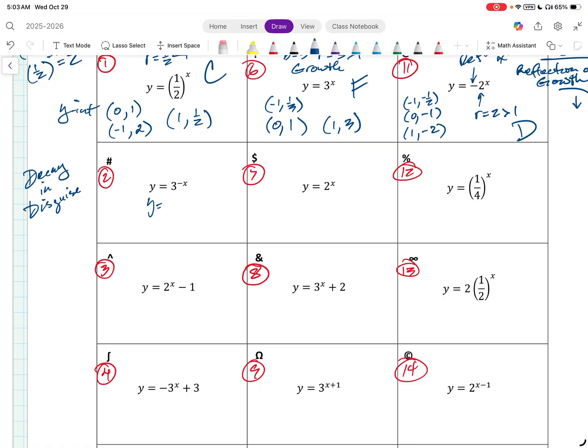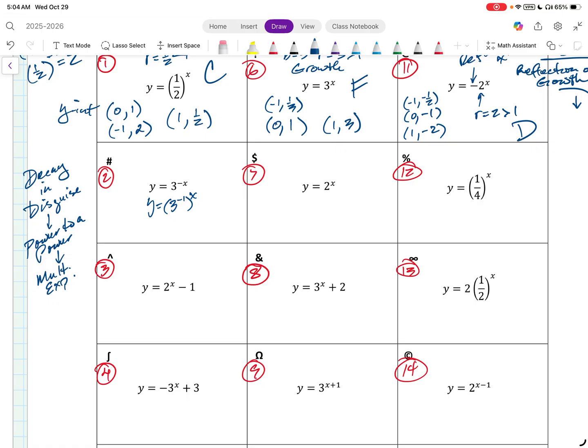So y is equal to, I'm going to use exponent laws here. So this is 3 to the negative 1 power raised to the x power. You have to remember in exponents that power to a power, you multiply exponents. And you learned this in Algebra 1.